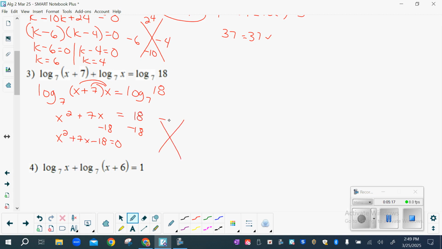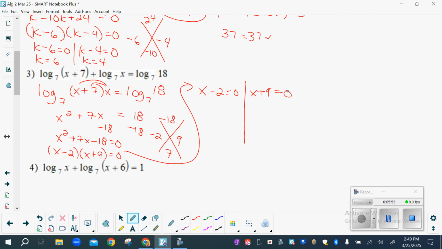What multiplies to negative 18 that adds to 7? Yeah, negative 2 and 9. So we have x minus 2 times x plus 9. So x minus 2 is 0. x plus 9 is 0.